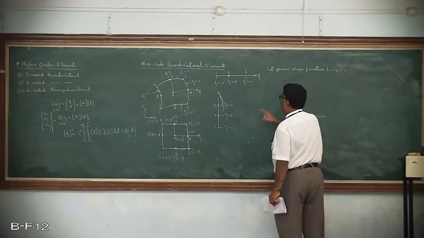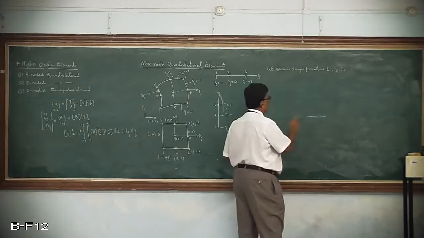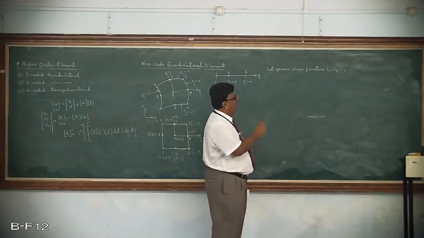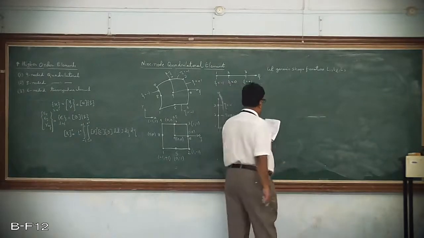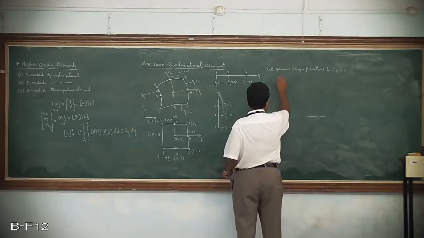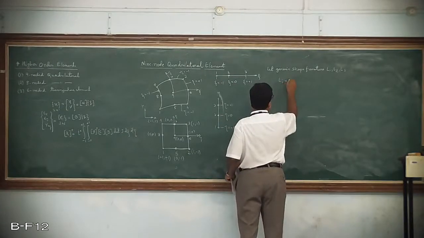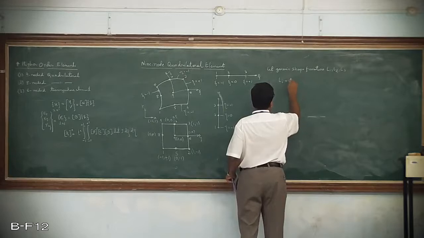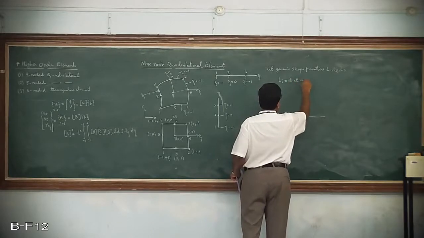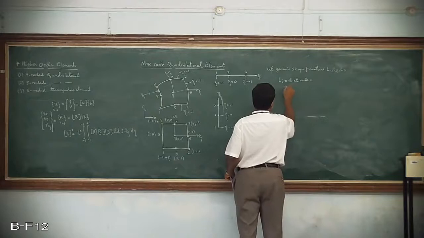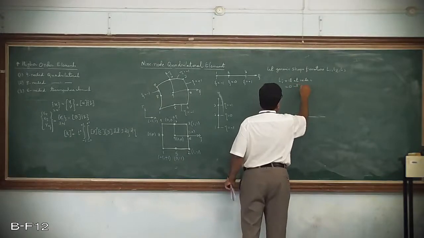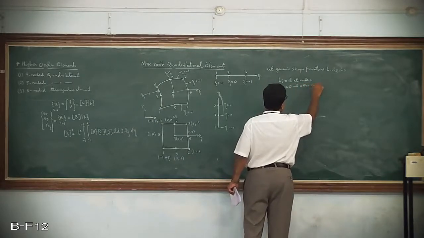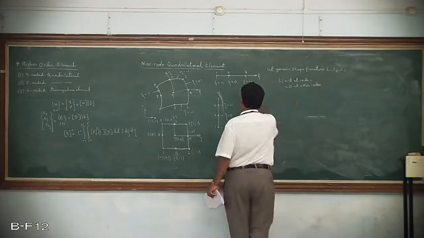These are there for both of them, but in the bracket, if we refer L1 of zeta, L1 of eta like that, they will be more specific. Now, what is the property of this? See, this is again as usual: Li is equal to 1 at node i and it is 0 at other nodes. Okay. So let us consider this now.